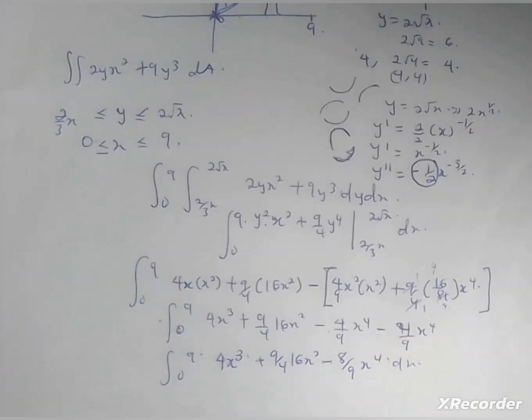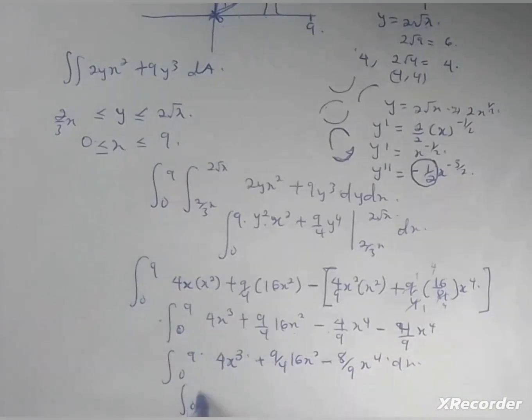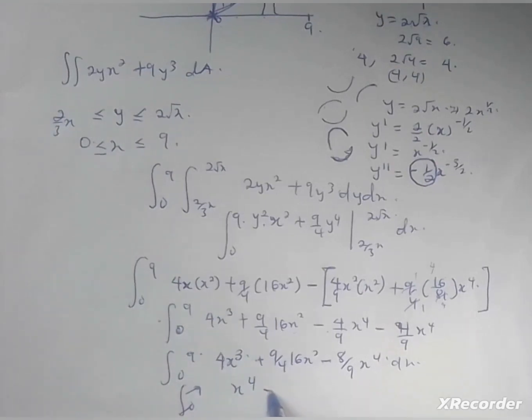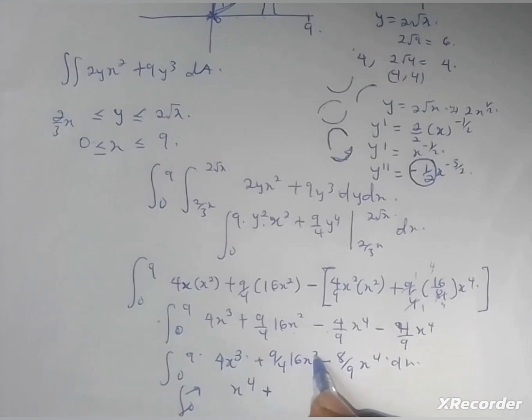At this point I move straight to integrating this. So 0 to 9. When I integrate this, I'm going to get x to the power 4. Then I'm going to get plus, here I'm going to add 1 to the 2. So when I add 1 to these 2, I'm going to get 3.